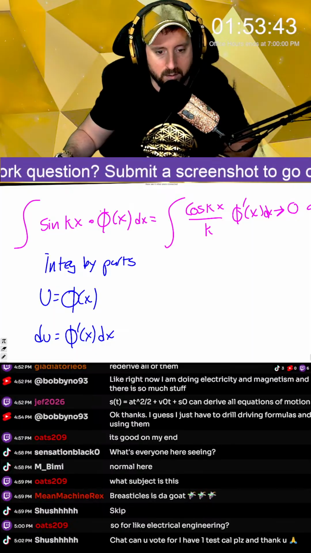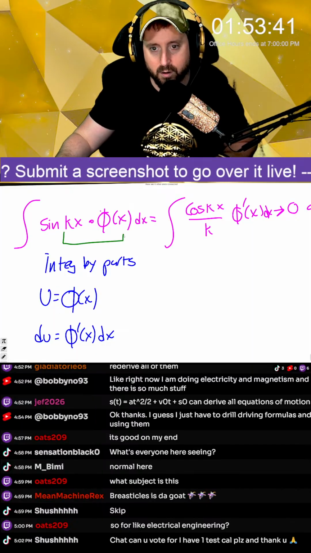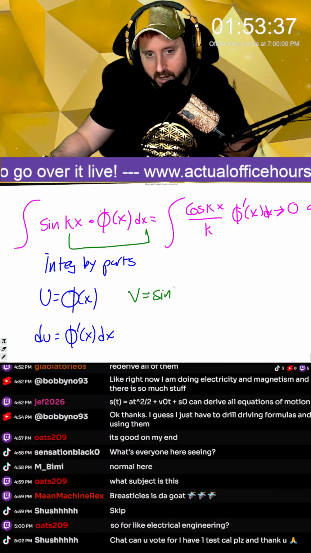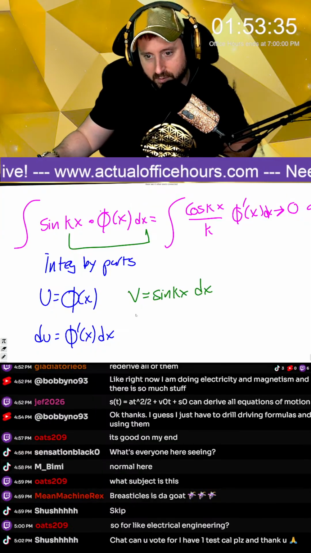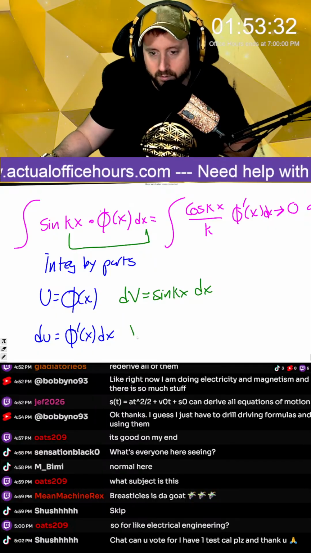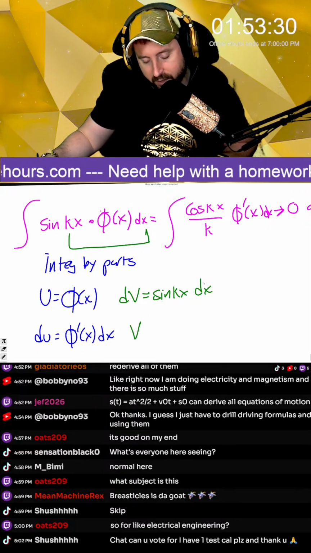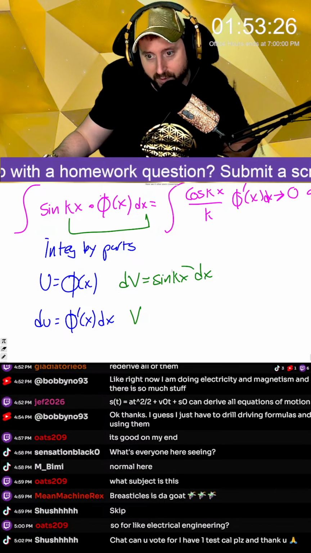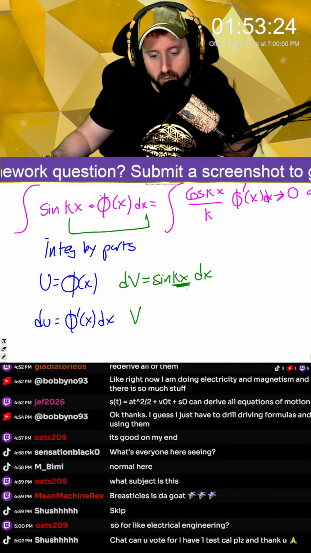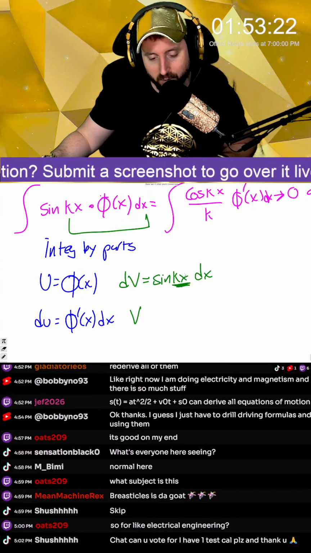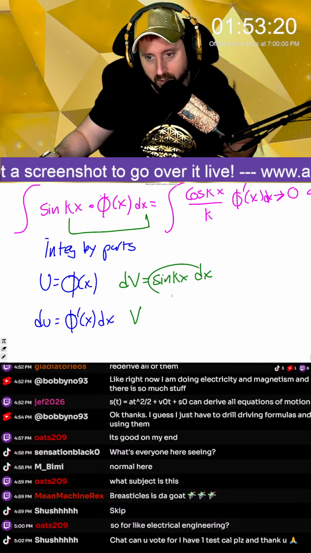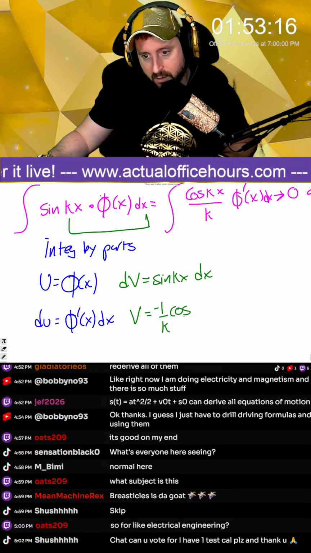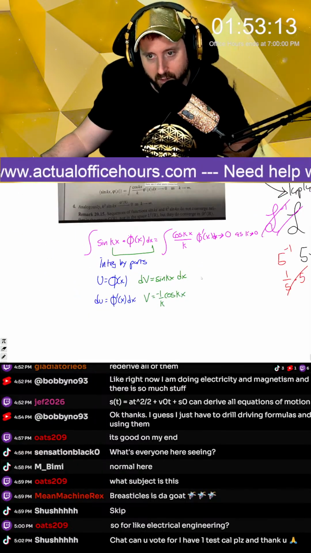And then this part right here, I can say that v is equal to sine kx dx, or that's dv, sorry. So then v is the integral of this, and the integral of sine is negative cosine. But then there's a kind of a u sub, which I call like backwards chain rule. And so this is going to be negative 1 over k, cosine of kx. Okay.